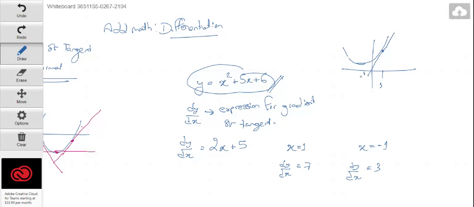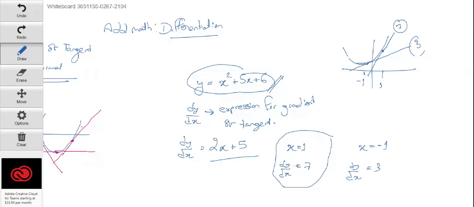But if you took it for x equals minus 1, the gradient of the tangent would be 3, this one being 7, so this one being steeper, right? So that is what this differentiation does, and that is the major application of differentiation. Whenever we have the equation of a curve, we differentiate it, we get the expression for the tangent's gradient. It's always the tangent's gradient first, and plug in an x value and you get the value for the gradient of the tangent.